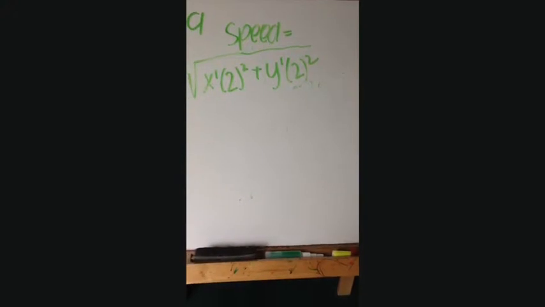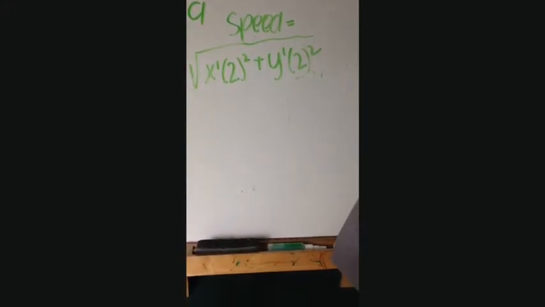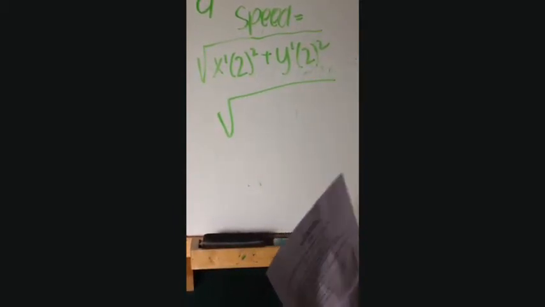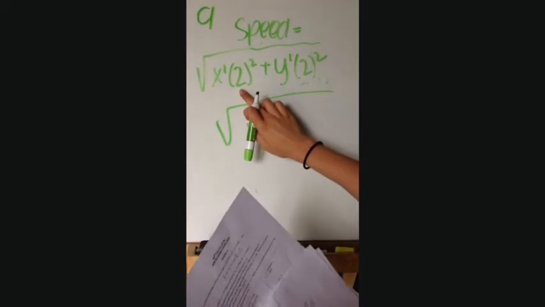Now you're given dx/dt and dy/dt, so all you'll need to do is plug those two equations in and then substitute 2 in for t.